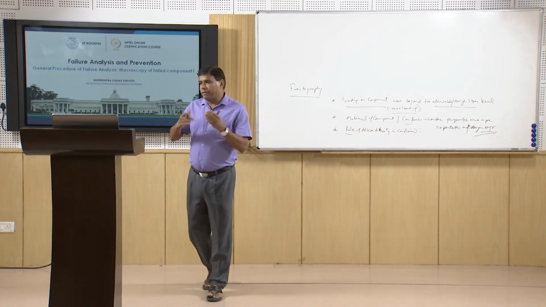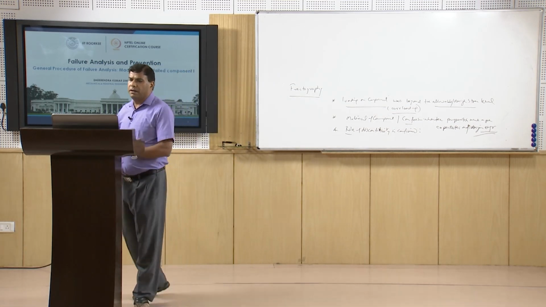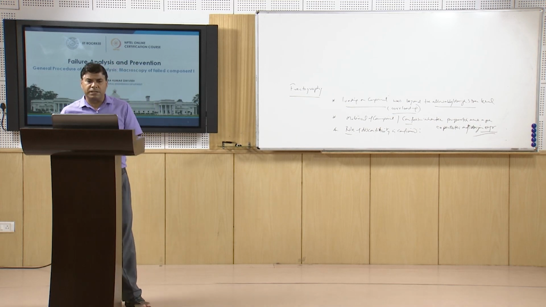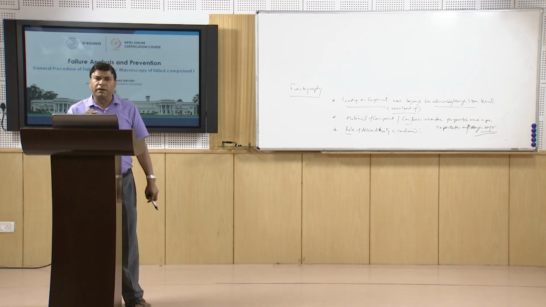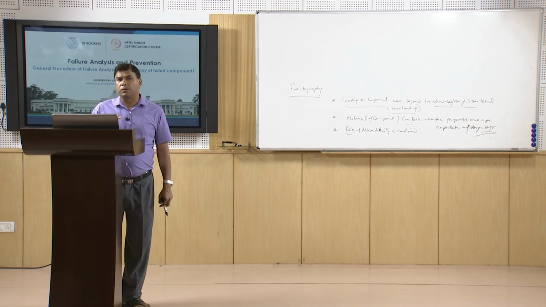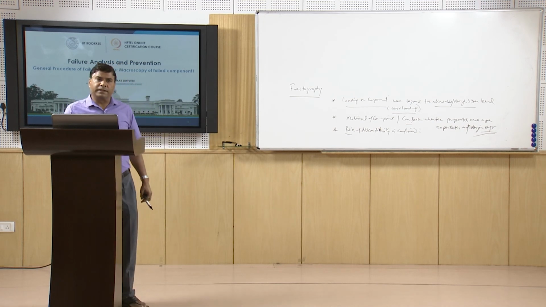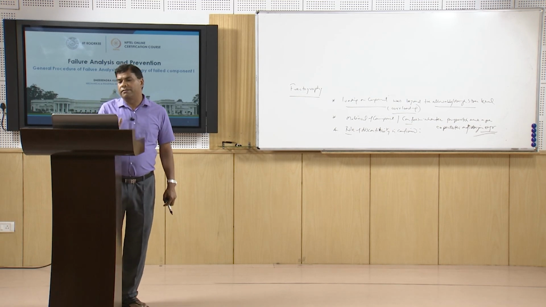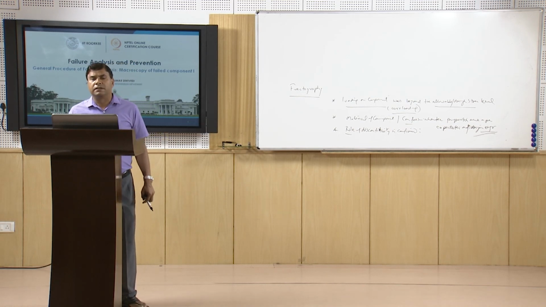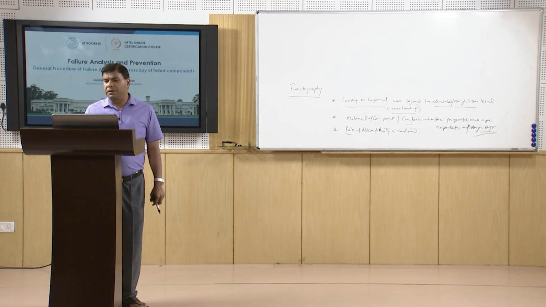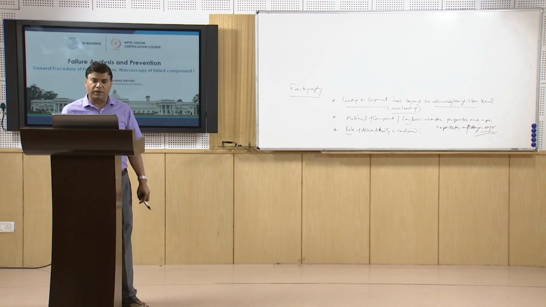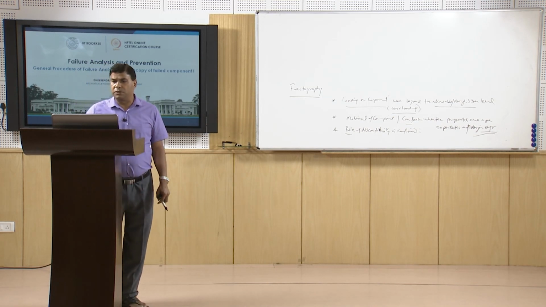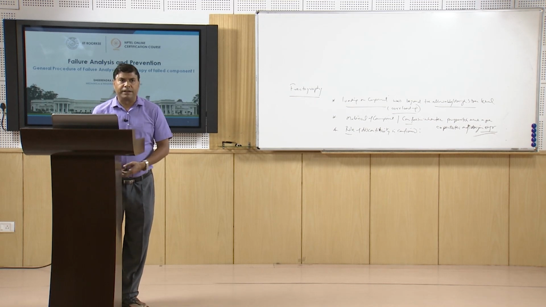So, whenever fractography is carried out, it helps in ruling out these three possibilities: whether the material has been subjected to overloading, whether the material had the desired set of properties as expected by the design engineer, and whether a discontinuity present in the failed component played a crucial role towards the failure.